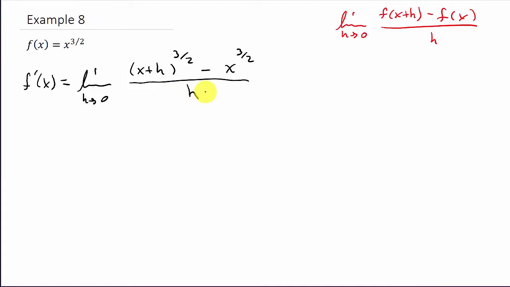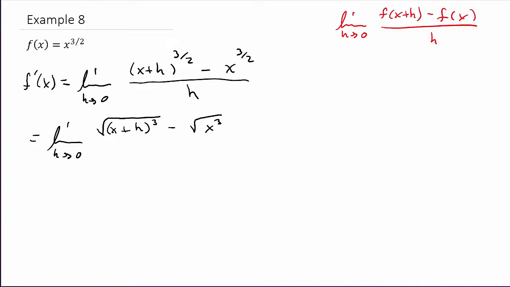Alright, so let's look at this. To simplify this, I think we're probably going to need to do, let's see, limit as h goes to 0. Let's rewrite this in radical form. So that's going to be the square root of x plus h cubed minus the square root of x cubed.